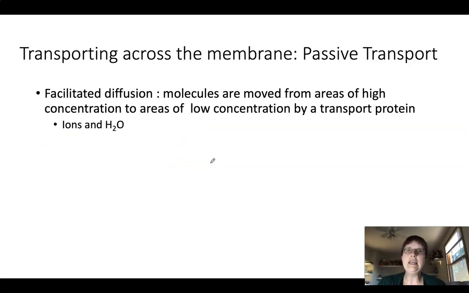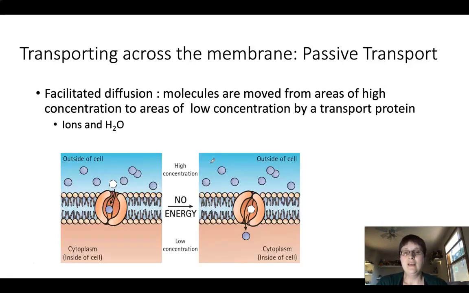So they're going to need a protein to let them through. Basically, they need a tunnel, and that's what the protein's going to work as. You can see here, these could be water or an ion like sodium or chlorine.